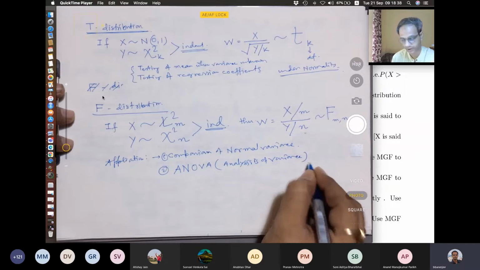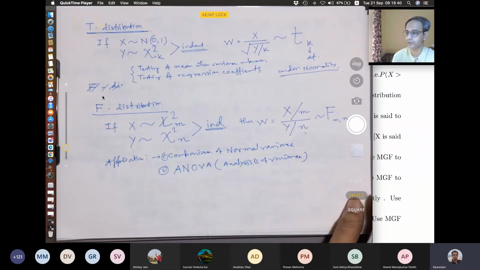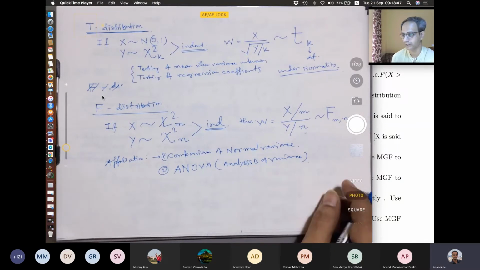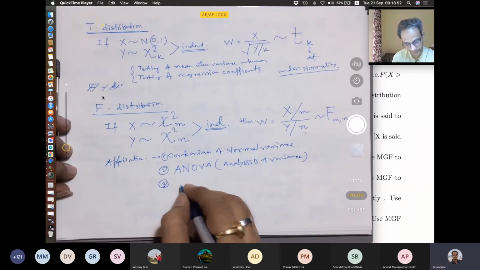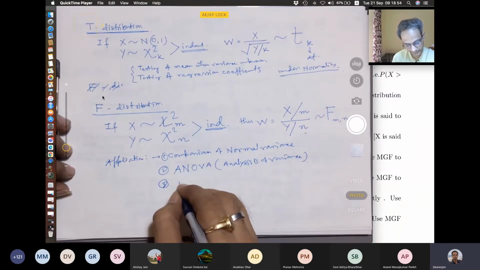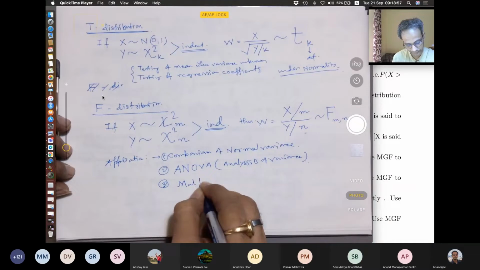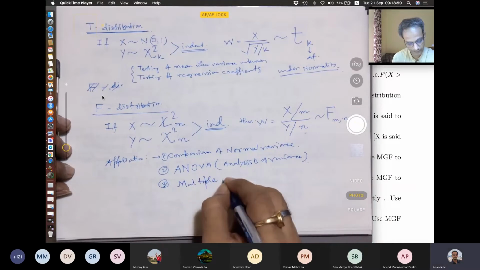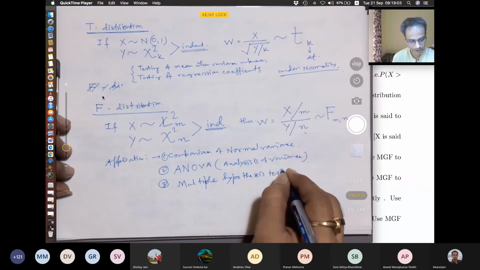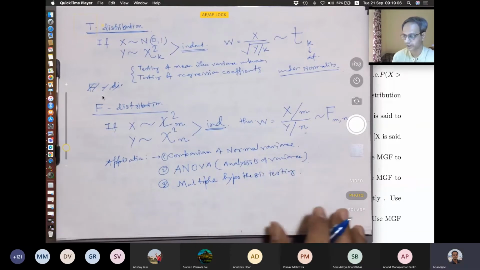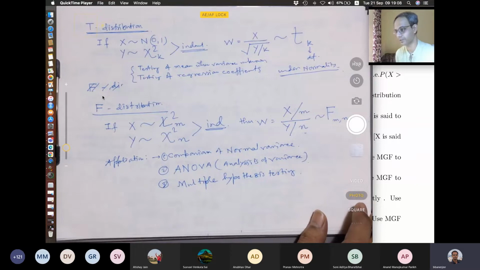If you want to study what the different sources of variation in your data are, and which one is important and which is not, you need to do testing with respect to the F distribution. And the most important thing is multiple hypothesis testing. In all those cases, you need to use the F distribution. We will study it later on.